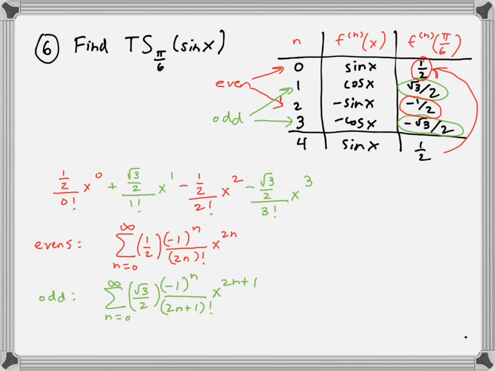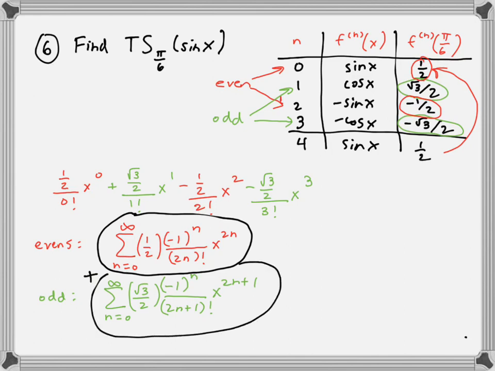So the red guys are the evens, and the green guys are the odds, and so the answer is going to be the sum of the two series, okay? I have to add together these two series, okay? So I need to do this guy plus this guy. This is going to give me all the terms, isn't it?